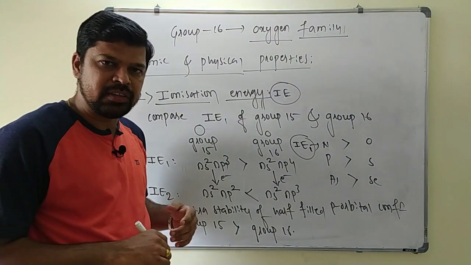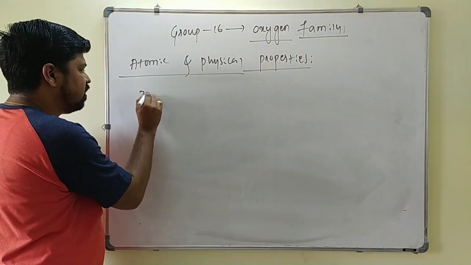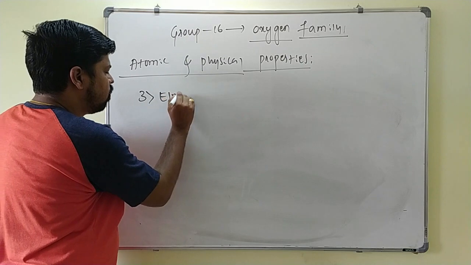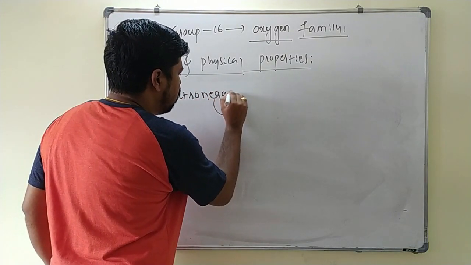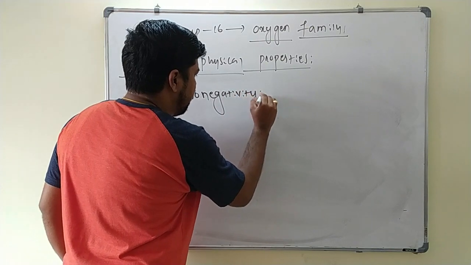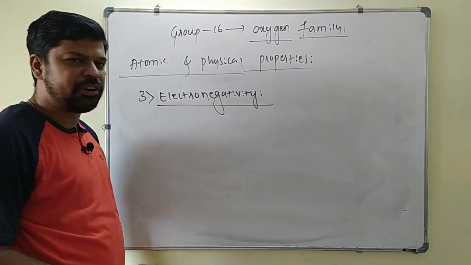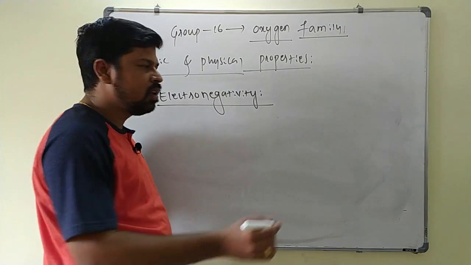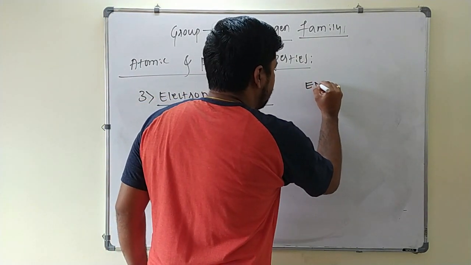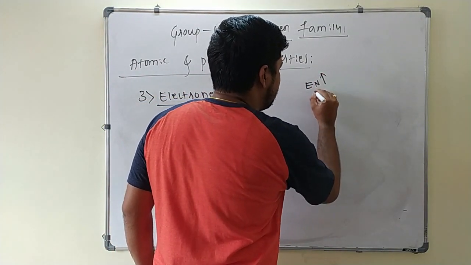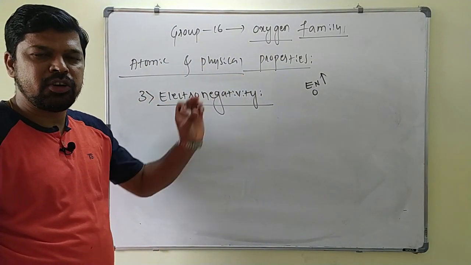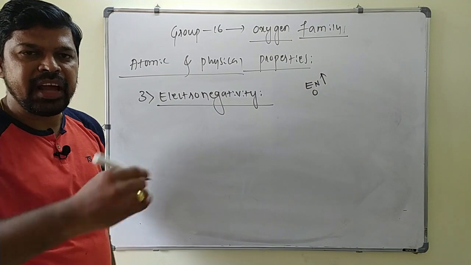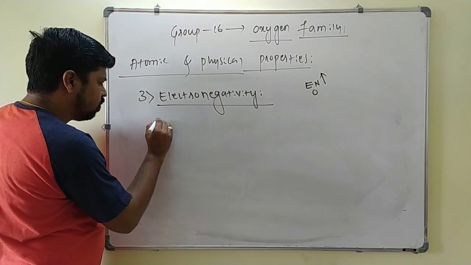Next, the third point, electronegativity. We have already discussed electronegativity in group 15 also. Electronegativity will be highest for small size atoms, and these group 16 elements, because of their smaller size, have high ionization energy.